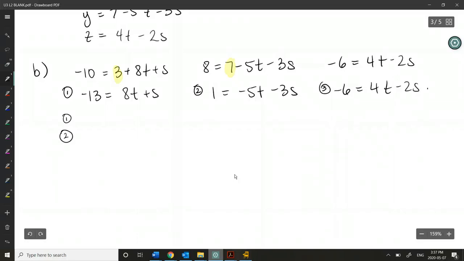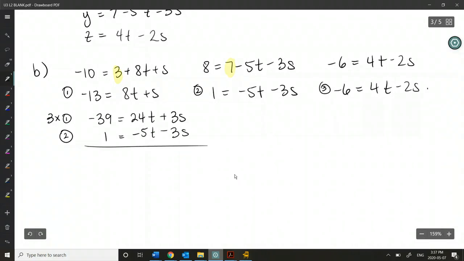So I'm going to do equations 1 and 2, and we're going to multiply equation 1 times 3 to get -39 equals 24t plus 3s, and we're just going to stack them on top of each other here so that we can do an addition or subtraction with them.